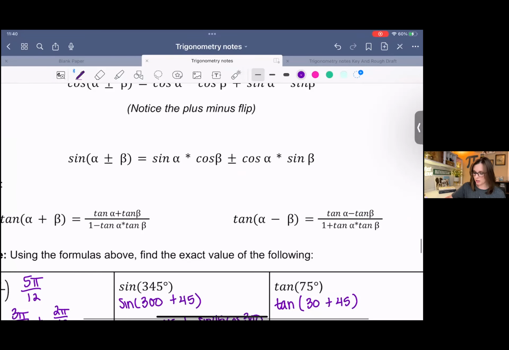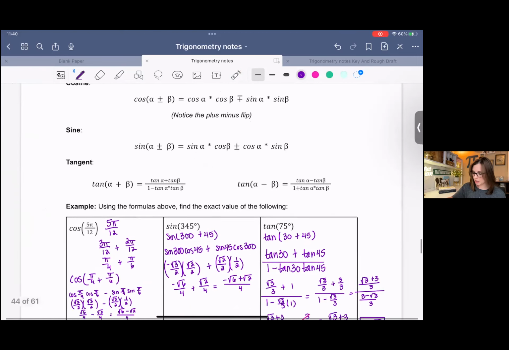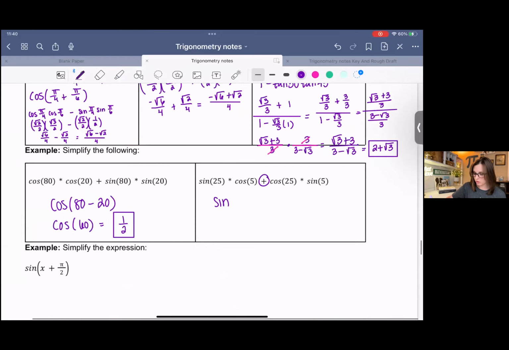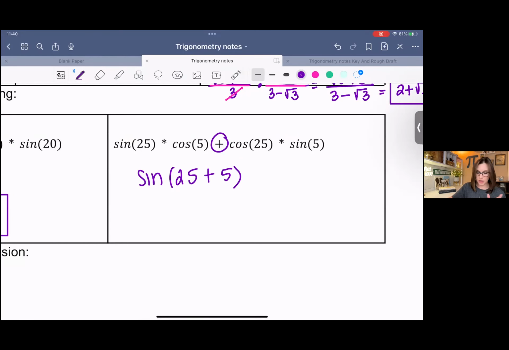I have alternating sine and cosine. Plus sign is associated with plus sign. So I'm going to be adding 25 and 5 based on my identity. So I'm finding the sine of 30. Let's see, 30's down here. We go over root 3 over 2, up 1/2. So sine of 30 is 1/2.